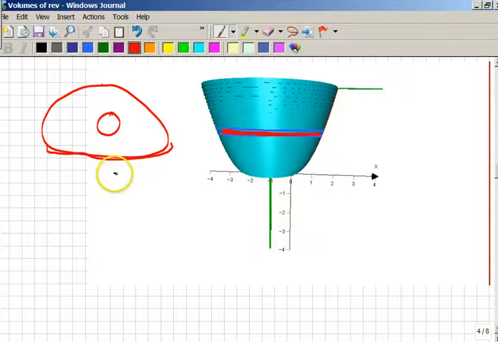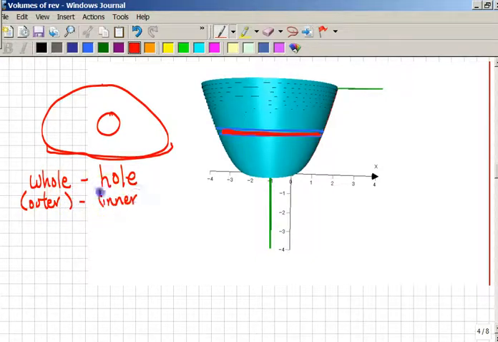And what we need to do is find the two radii. To find the volume of a washer, you find the volume of the whole complete washer, and then you subtract out the volume of the hole. Or sometimes I'll say use the outer radius and then subtract the inner radius. Alright, so let's find the outer radius first.